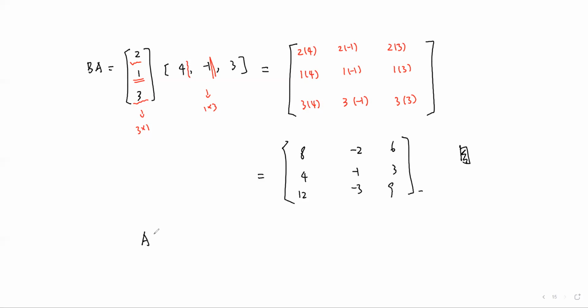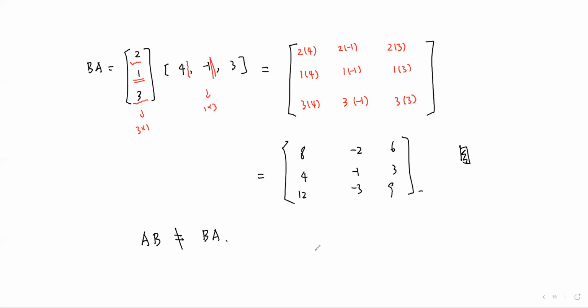a matrix times a matrix usually, A times B is not equal to B times A. This is true in matrix products in general.